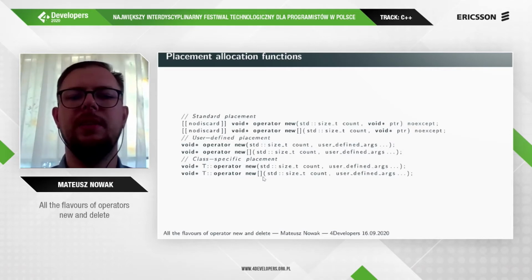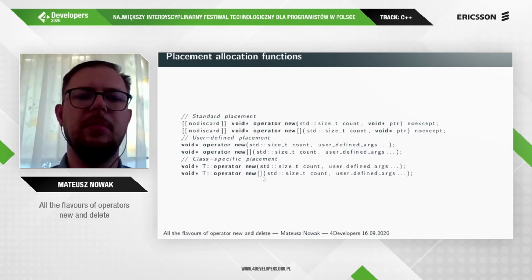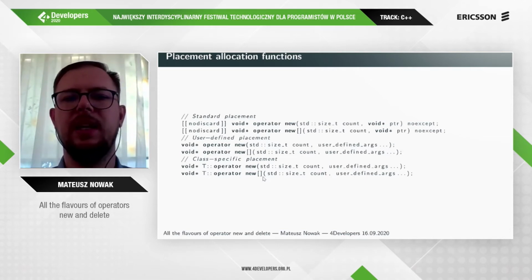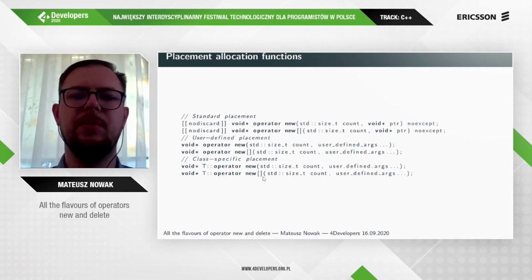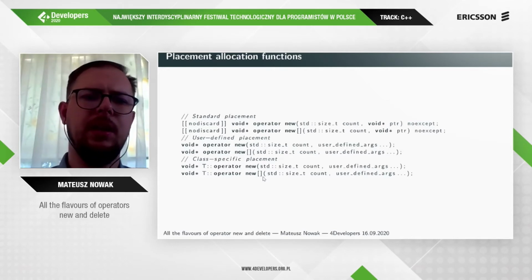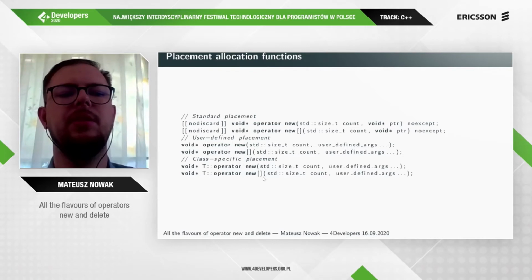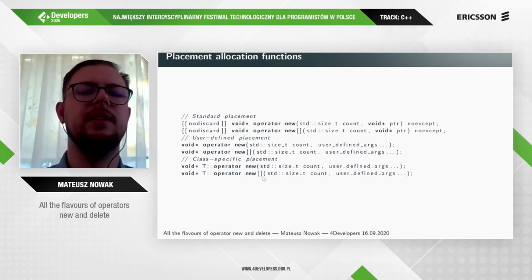Here we have user-defined args because the standard prevents us from defining a custom operator new with a void pointer as a parameter. We can put any pointer to any type there, but void. And we can also override the placement operator new for the class.